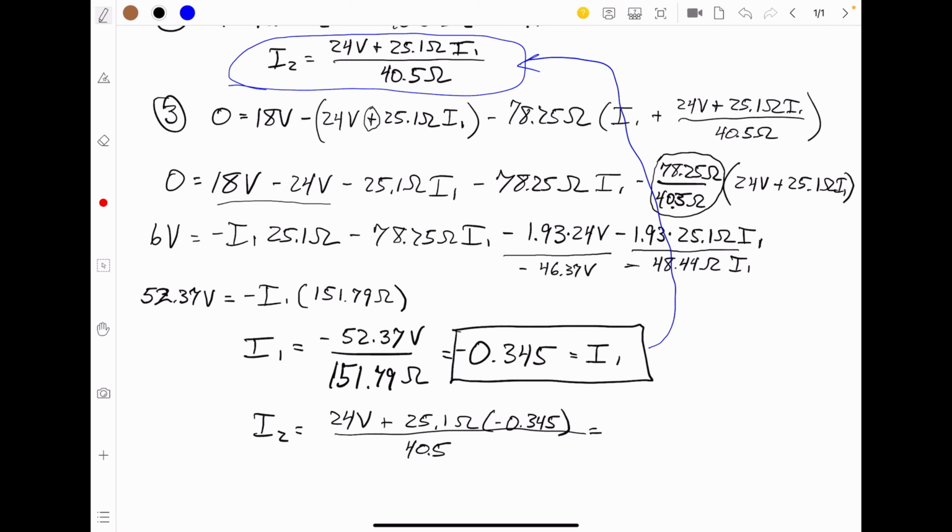So that gives me 0.378777, whatever. We could do 0.3788 if you want. Oh, don't forget your units. We've got amps here, amps there, and that equals I2.